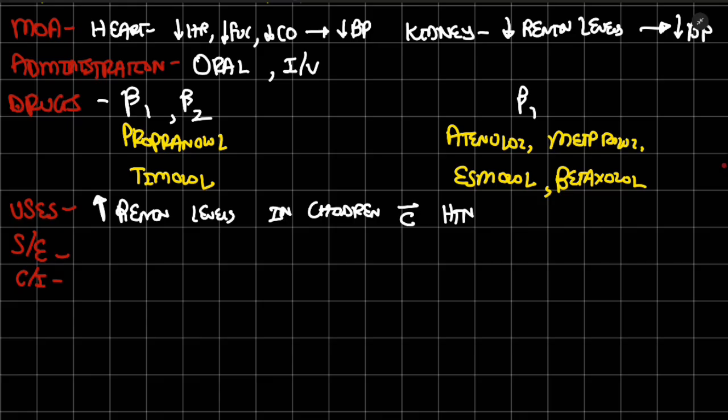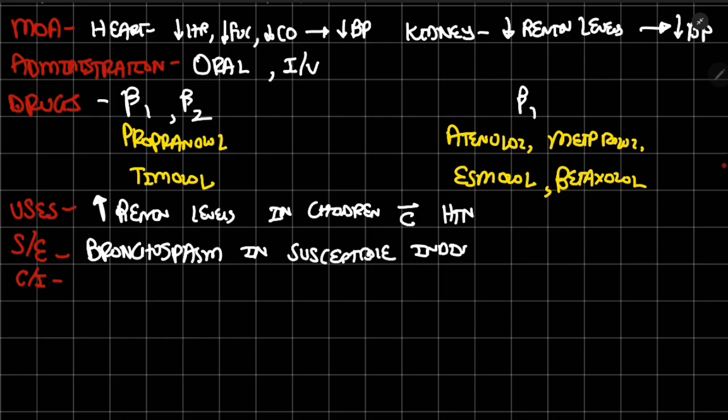Now the side effects. Basically I will not call it a side effect, but it can cause bronchospasm in susceptible individuals. Who are the susceptible individuals? Yes, you guessed it right, they are allergic patients.